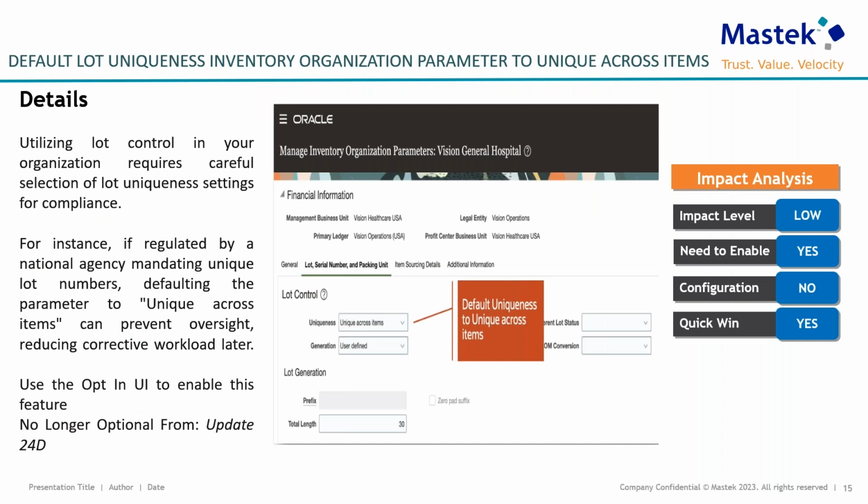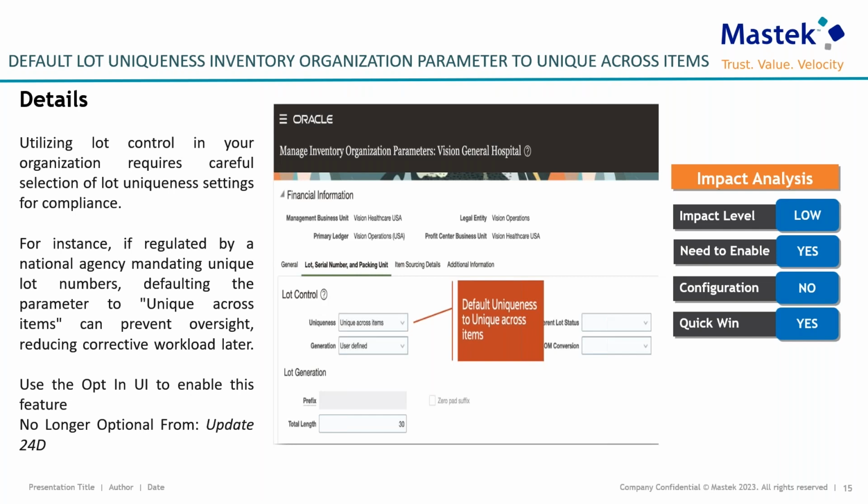Now moving to the next one, which is default lot uniqueness inventory organization parameter to unique across the items. With this feature, when using lot control in the organization, selecting the appropriate lot uniqueness setting can be crucial to meet our external or internal compliance.